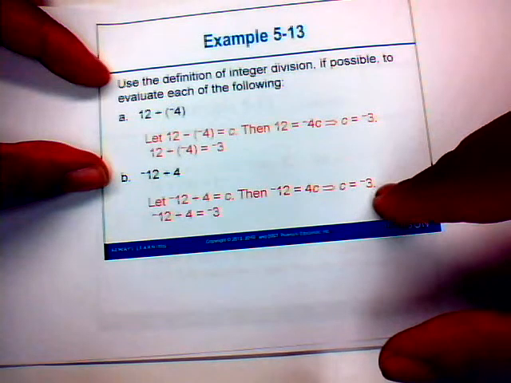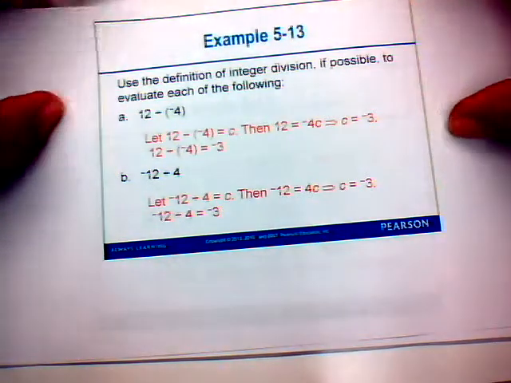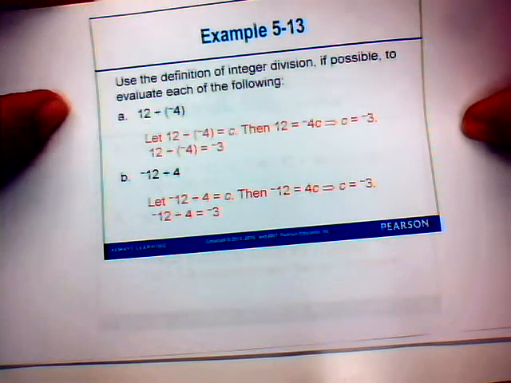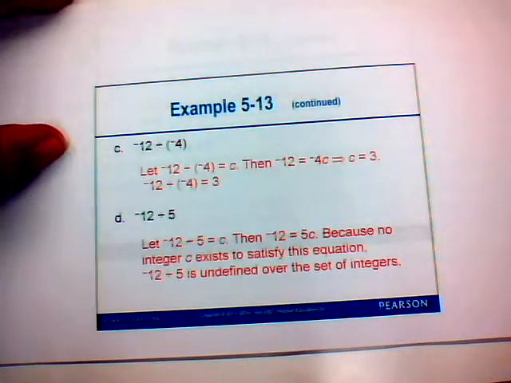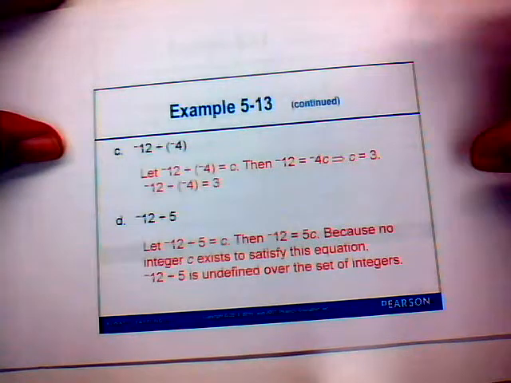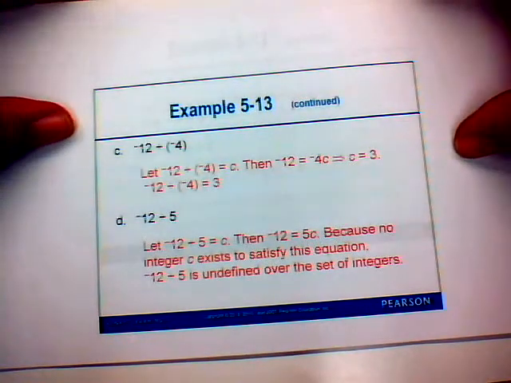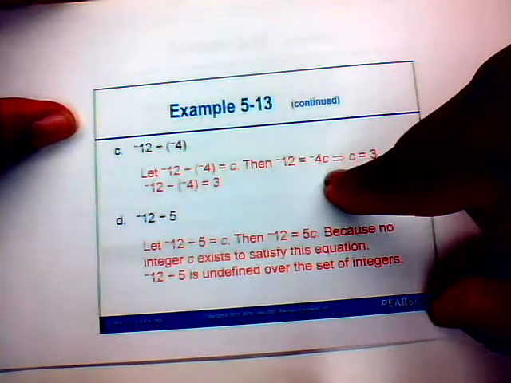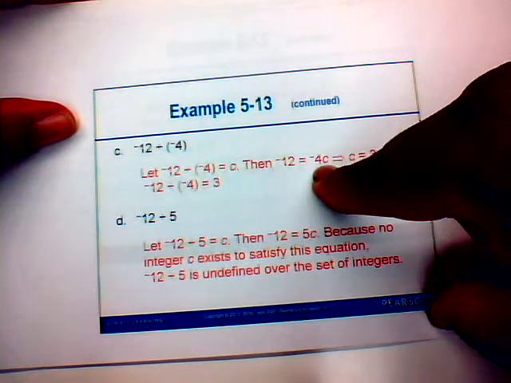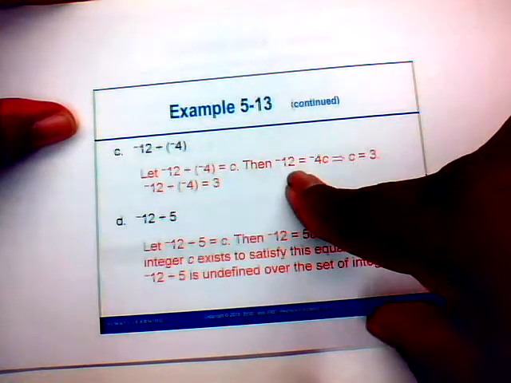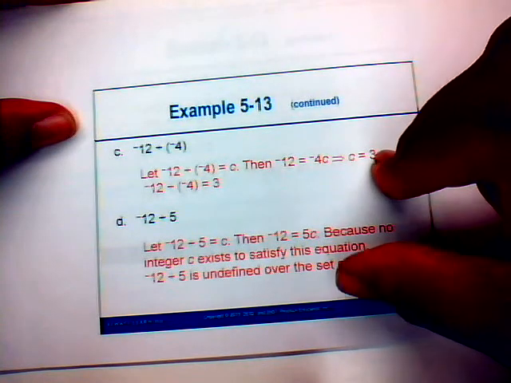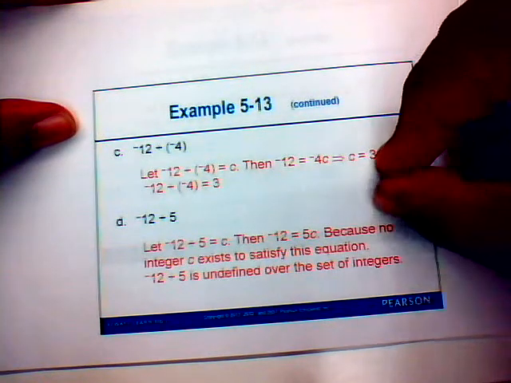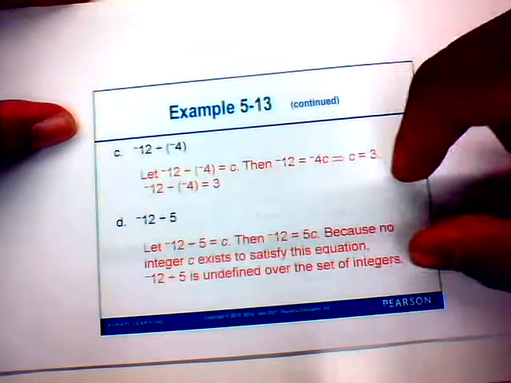And that would be negative 3. So negative 12 divided by 4 would give you negative 3. And then negative 12 divided by negative 4 means you want to find what number c multiplied by negative 4 would give you negative 12. And that would have to be positive 3. So negative 12 divided by negative 4 would give you 3.